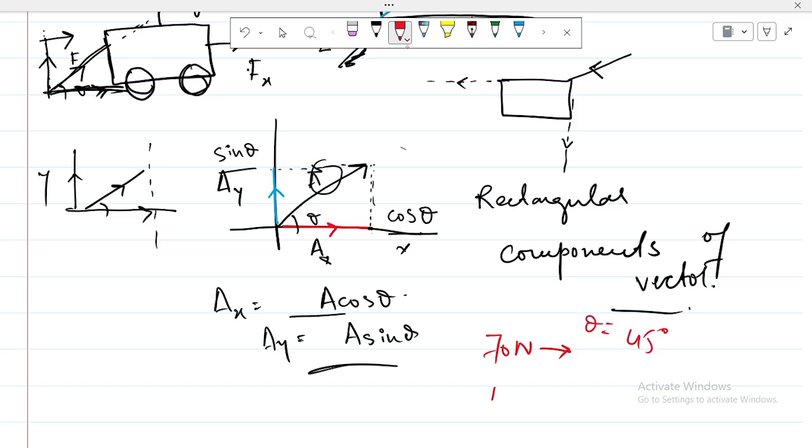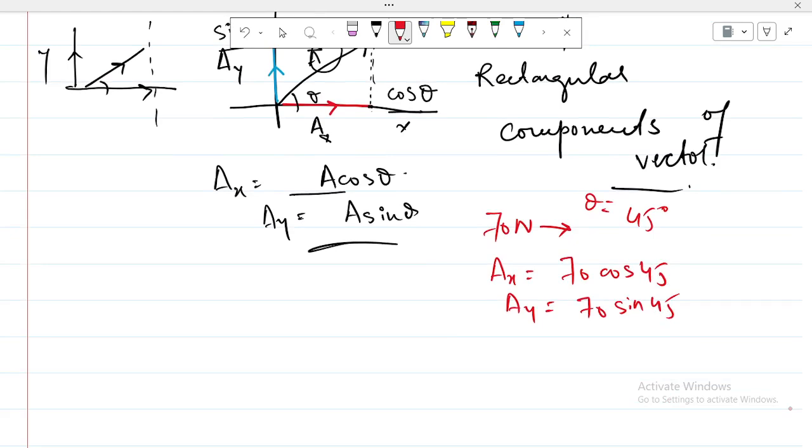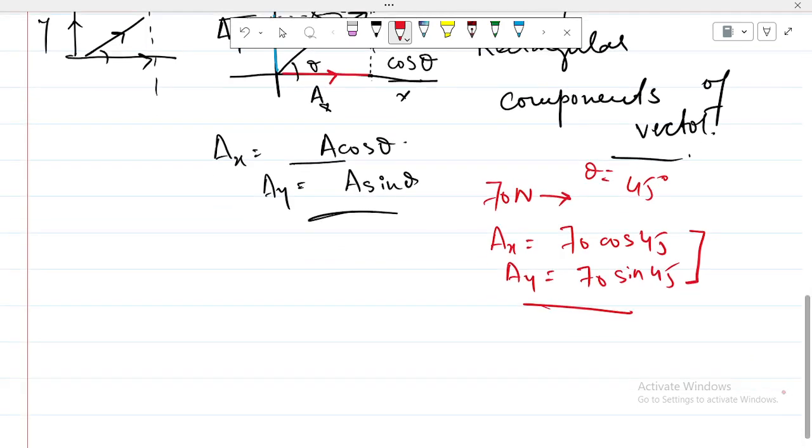We would then know that the component ax has a magnitude 70 times cos 45, and ay will be 70 times sin 45. So that's how we actually calculate. In this case, obviously, both components are going to be exactly the same, the same amount of force applied in both. Anyways, so that's what we really meant by the rectangular components.